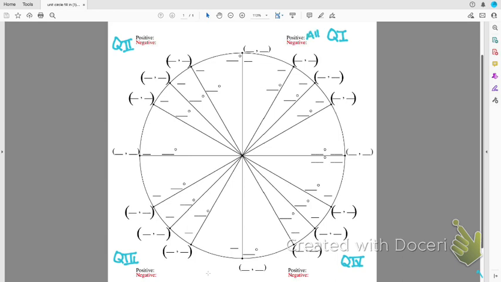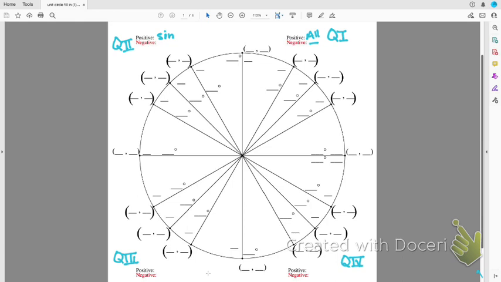And then negative, none of them, right? What is positive in the second quadrant? Sine. And when I say sine, it's also cosecant, yes? I'm going to talk about sine, cosine, and tangent only because what do you have to do to get cosecant, secant, and cotangent then? Find the reciprocal.